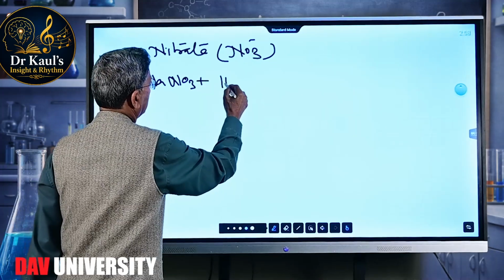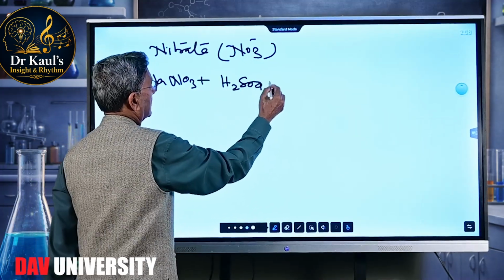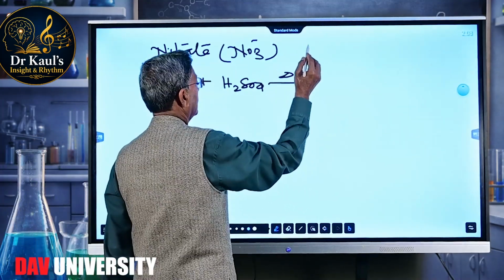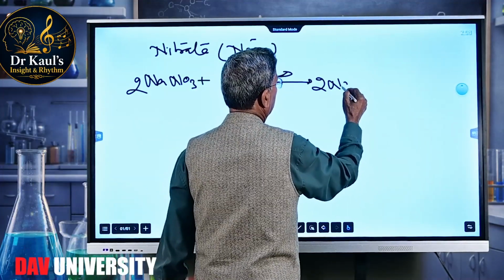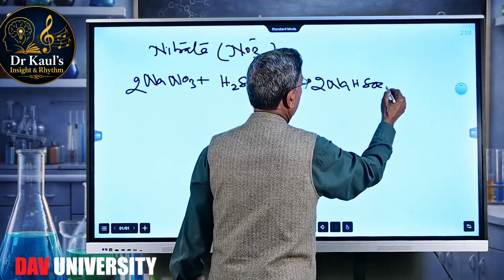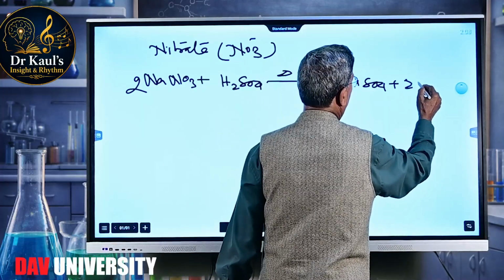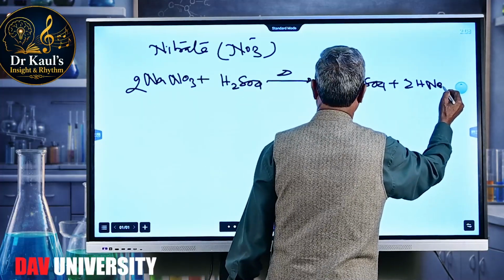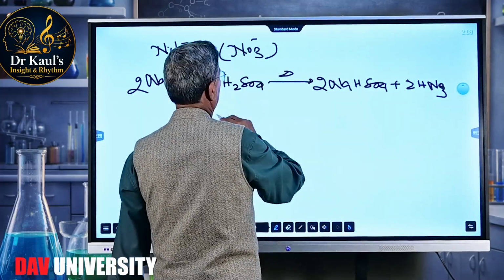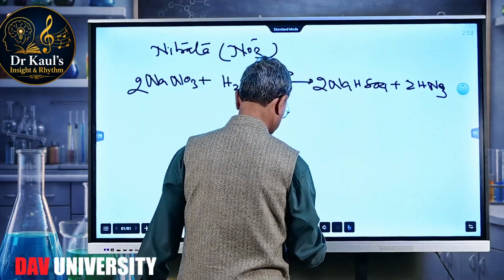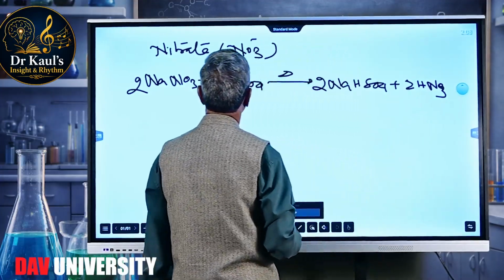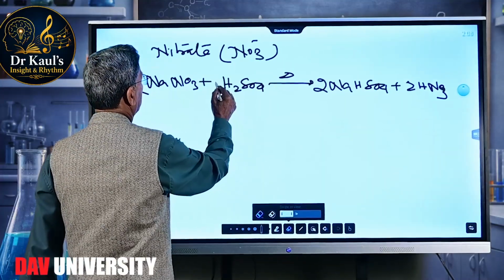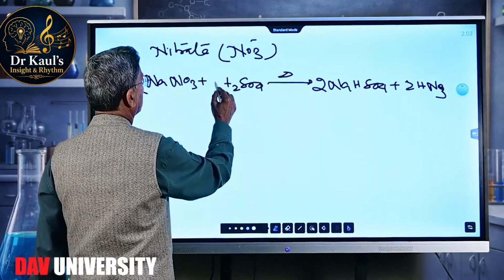When it combines with concentrated H₂SO₄ on heating, we get the formation of 2 HNO₃. Here also we'll have 2 H₂SO₄.